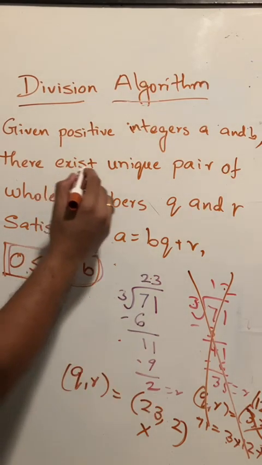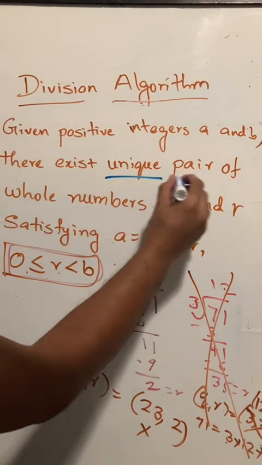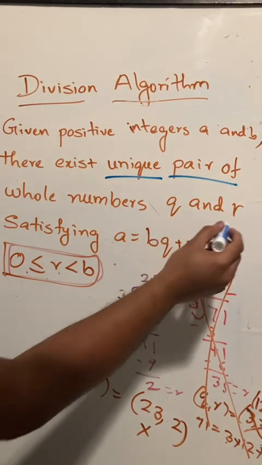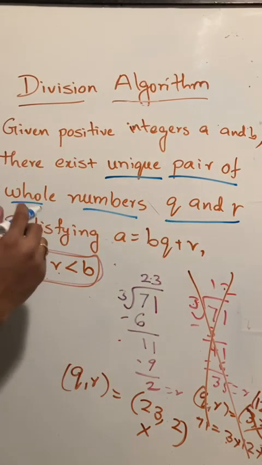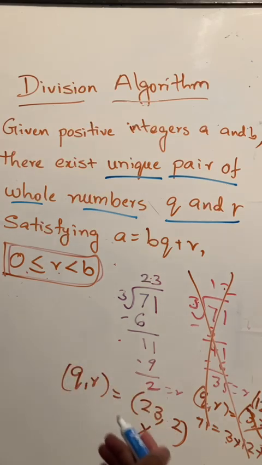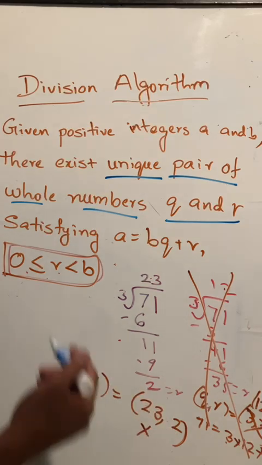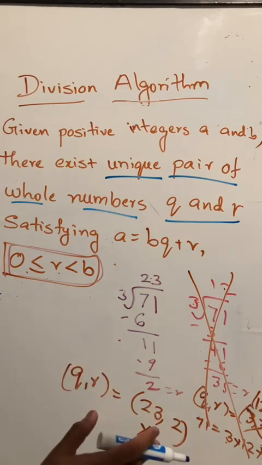That is the thing. So I'll highlight a few things. Unique pair of q and r, and they have to be whole numbers. Remember this point. Whole numbers means 0, 1, 2, 3, those numbers. Somebody might say, okay, I will put 2 by 3, and people are smart.